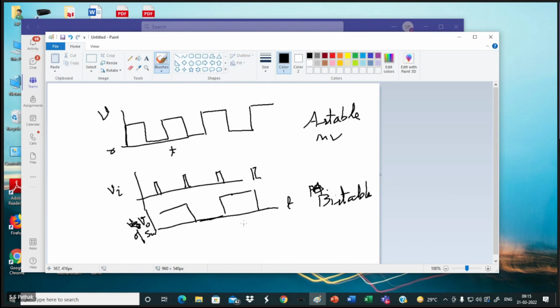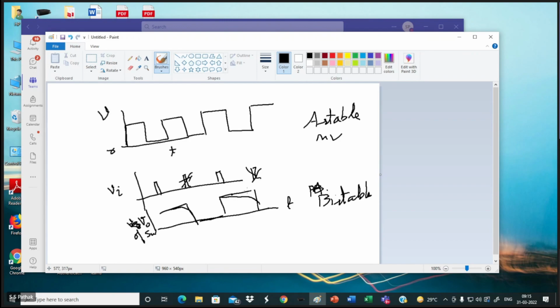And the monostable I described was when this is given, this will become on and it will start decreasing. It will come to this 0 voltage here. This is not needed. It automatically comes to this point. It will remain 0 till another pulse comes. Here again it starts falling. It will come to this 0.